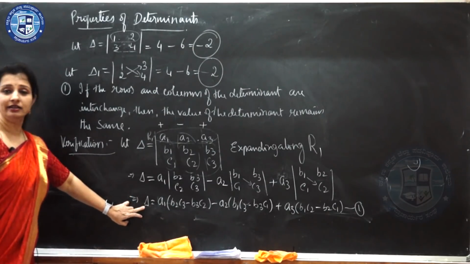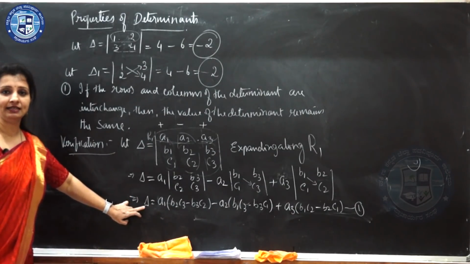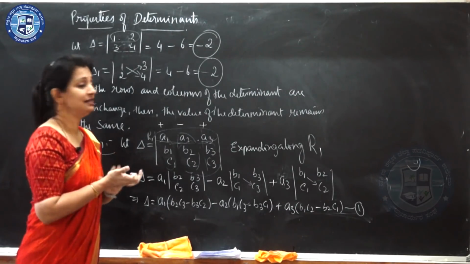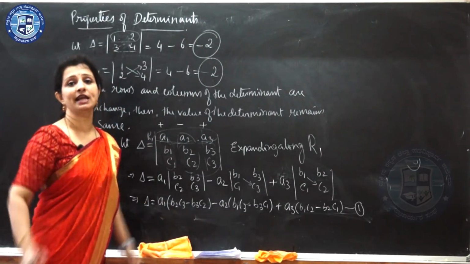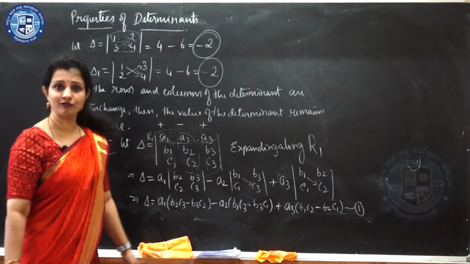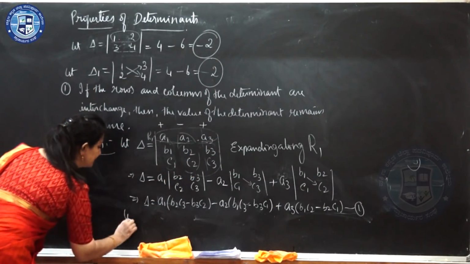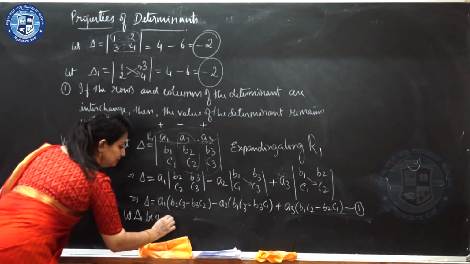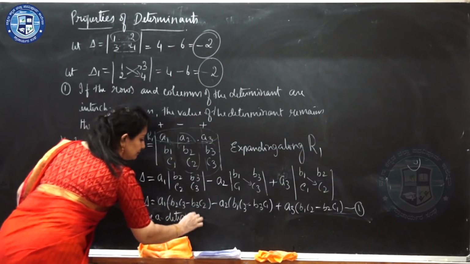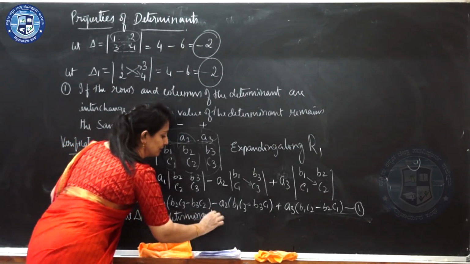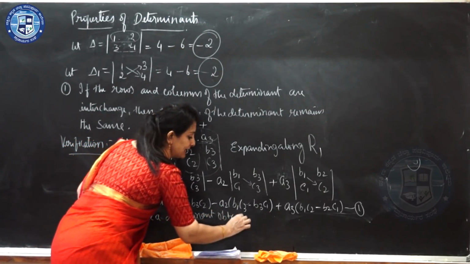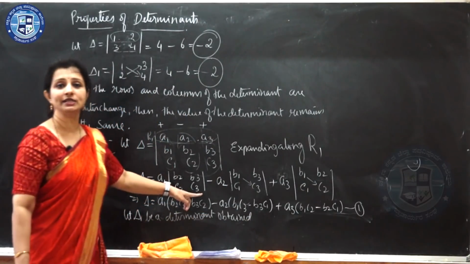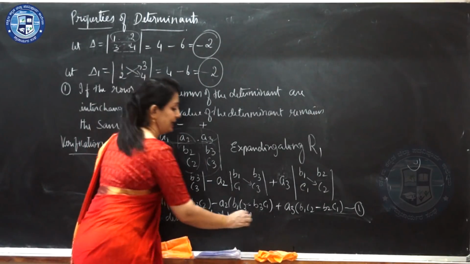Okay, so here we have the value of delta. Now what is our statement? What if you interchange the rows and columns? Now interchange the rows and columns. Let delta 1 be a determinant obtained by interchanging the rows and columns of delta.